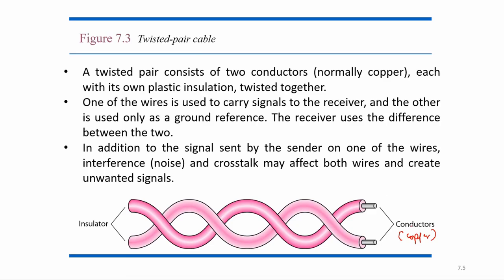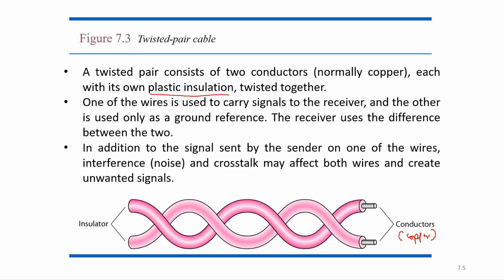Above the copper conductor there will be an insulator, so plastic insulators will be used, coating the conductor with an insulator layer. A twisted pair consists of two conductors, normally copper, each with its own plastic insulation. So two cables with plastic insulation are twisted together, likewise.